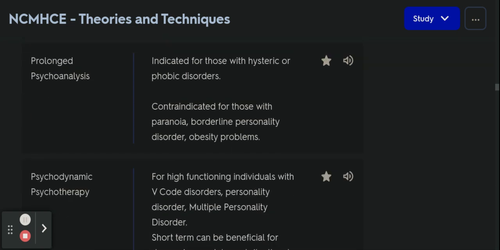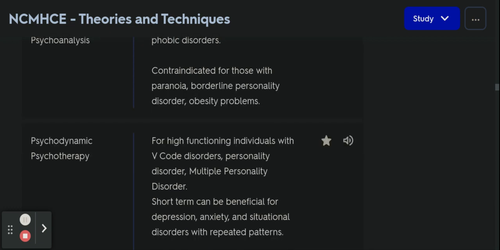Prolonged psychoanalysis, indicated for those with hysteric or phobic disorders. Contraindicated for those with paranoia, borderline personality disorder, and obesity problems. Psychodynamic psychotherapy for high functioning individuals with vehicle disorders, personality disorder, multiple personality disorder.